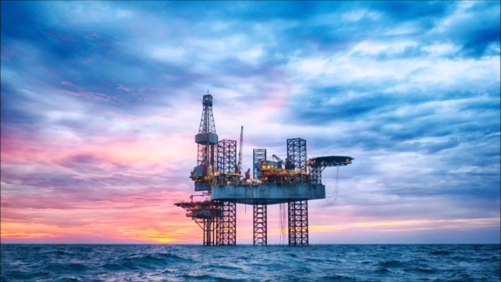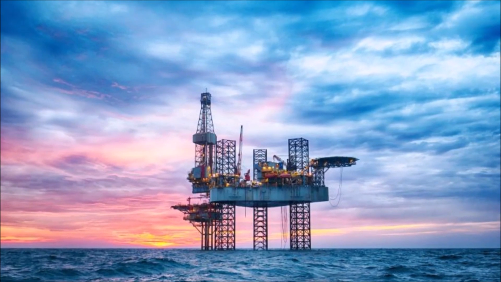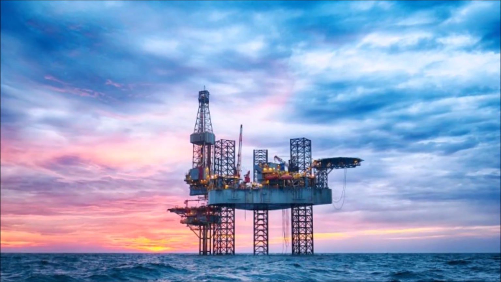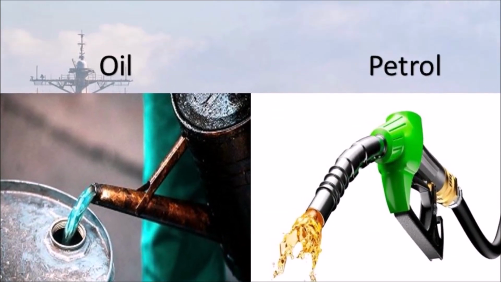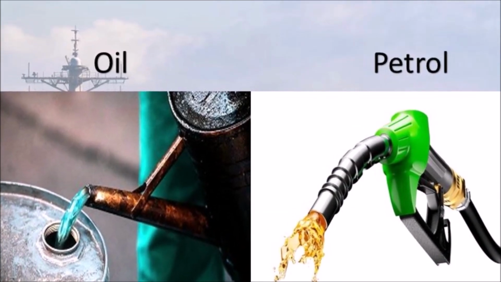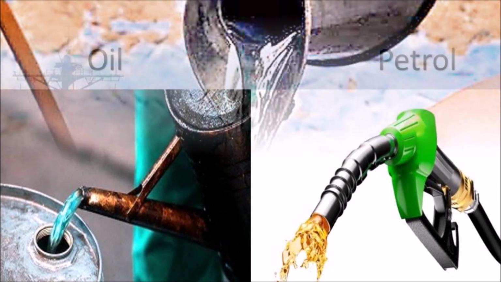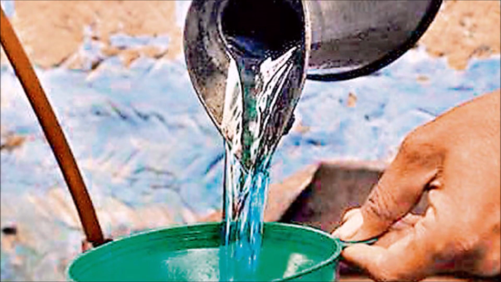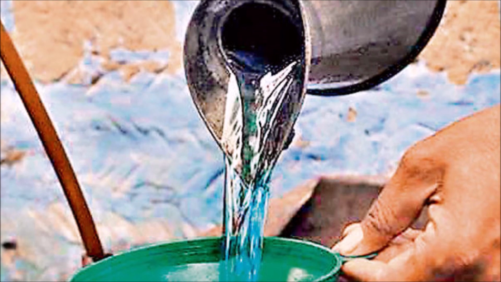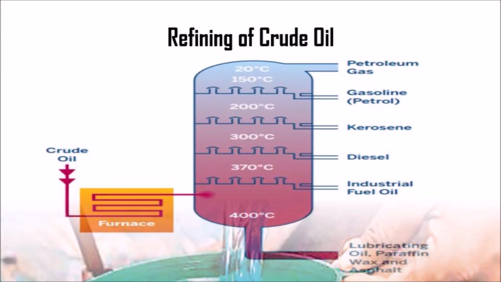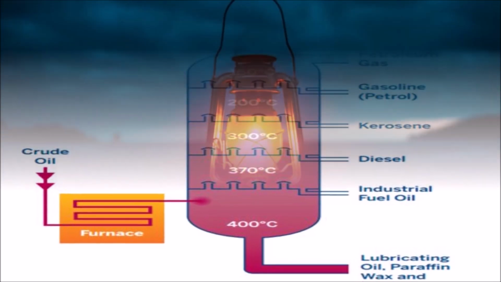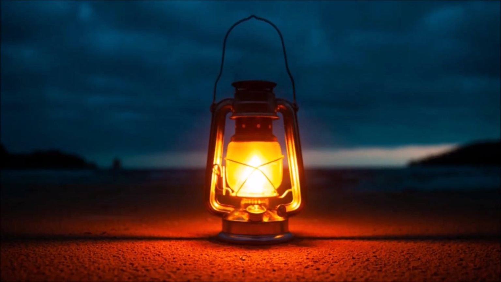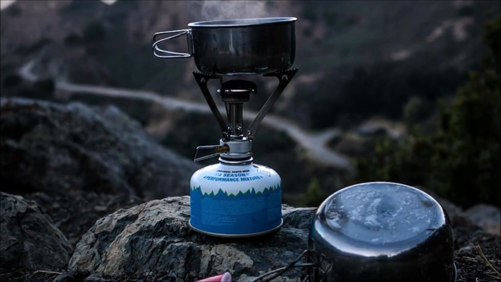Now coming to another important technology during the second industrial revolution, which was the use of oil and petroleum as a power source. In the 1850s, scientists invented a way to convert oil into fuel, which is called kerosene. Refining of crude oil produces kerosene, which can be used in lamps to produce light or used as a fuel in cooking and heating.